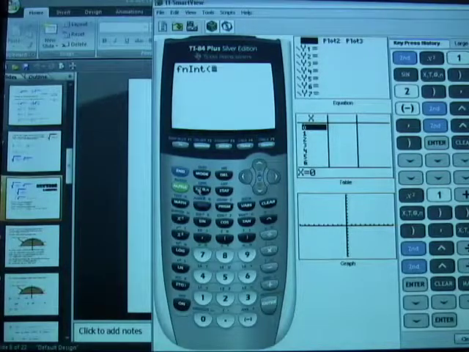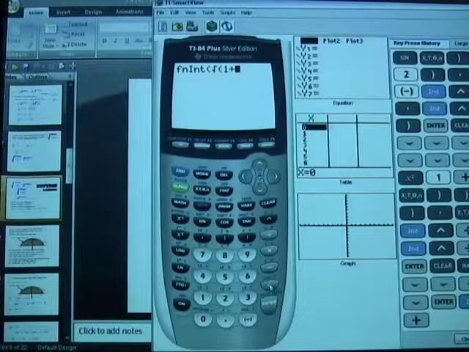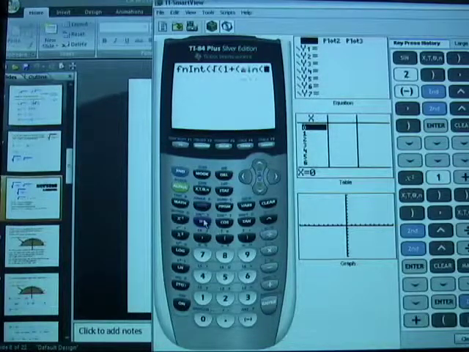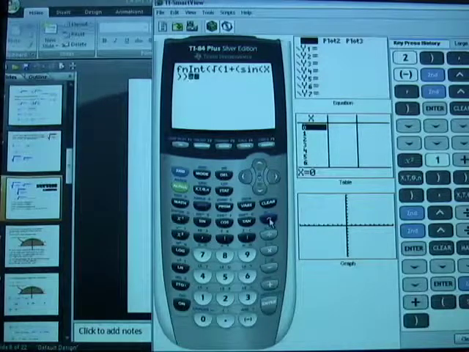Finite integral of what? We have a square root quantity, so second square root. Now square root of what? It will be 1 plus sine squared x. Now watch how I write sine squared x. Start with a parenthesis and write sine x. You notice that x is in parenthesis. And now one more parenthesis and raise it.